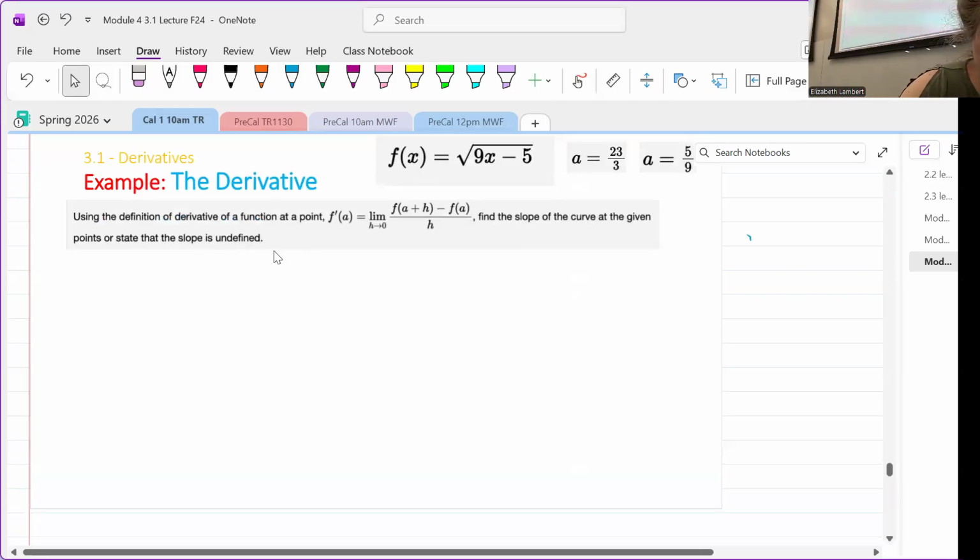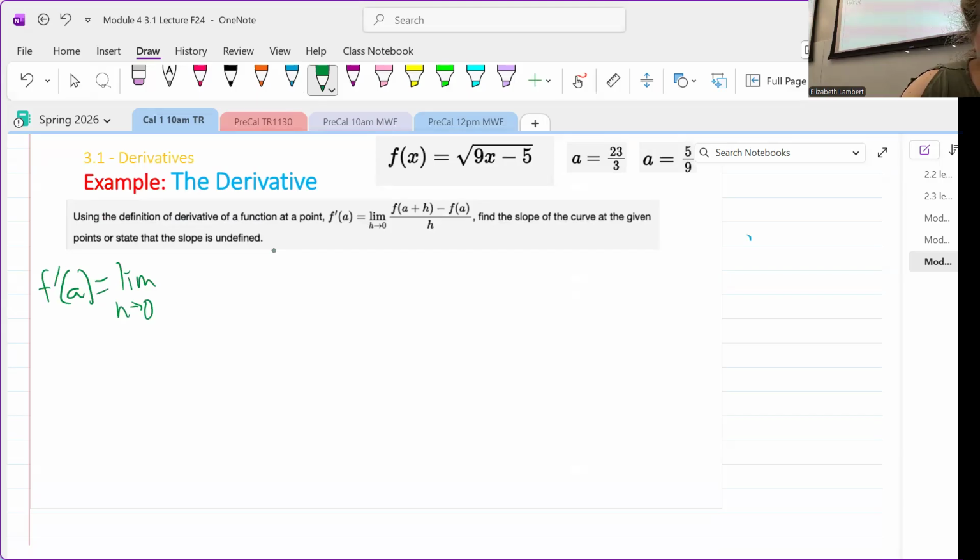So f prime of a equals the limit as h goes to 0. f of a plus h is, we're going to take our function, square root of 9 thing minus 5, and I'm going to fill in a plus h.